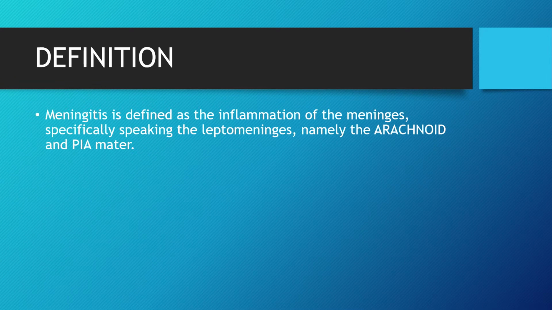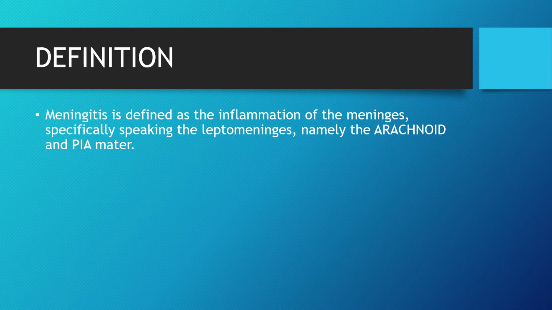Meningitis, by definition, is the inflammation of the meninges, but not all three meninges. Specifically, the leptomeninges, namely the arachnoid and the pia mater. We know that the brain is covered by membranes known as meninges, and there are three meningeal layers.